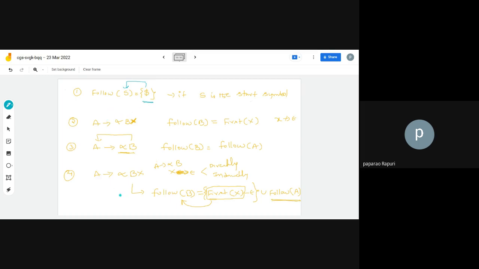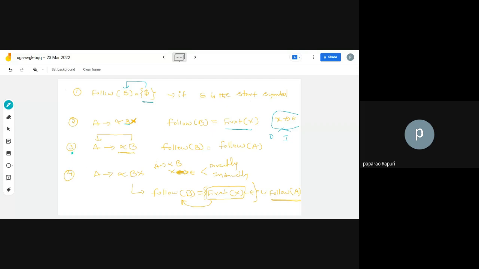The second: if A is deriving alpha B X, then follow of B is equal to first of X, and X should not belong to epsilon, directly or indirectly.